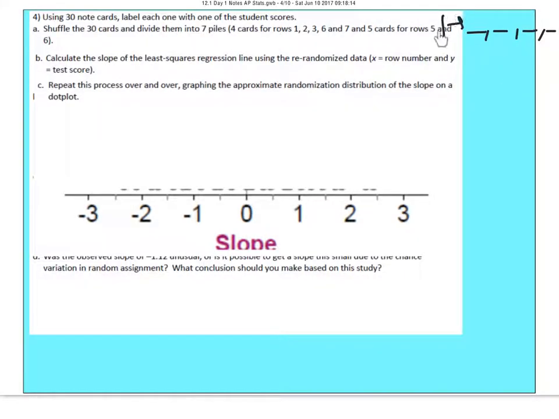That would give us a nice scatter plot. We could then, like it says here, compute a least squares regression line. Remember, all we would do for that is hit our stat button and calculate. On that one, we would do a linear regression, and that would give us the corresponding equation.